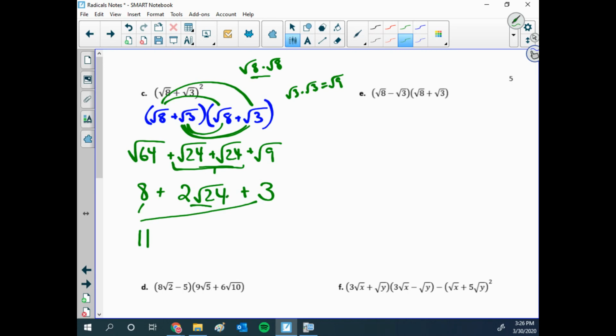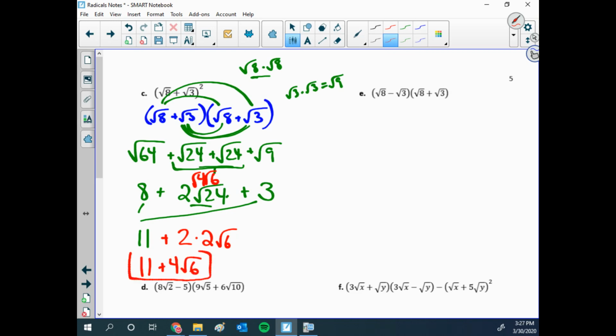And 24 is divisible by the perfect square 4, and 6. So square root of 4 times the square root of 6, the 4 would come out as 2, times 2 root 6. So this is going to give me 11 plus 4 root 6. And that's my final answer.